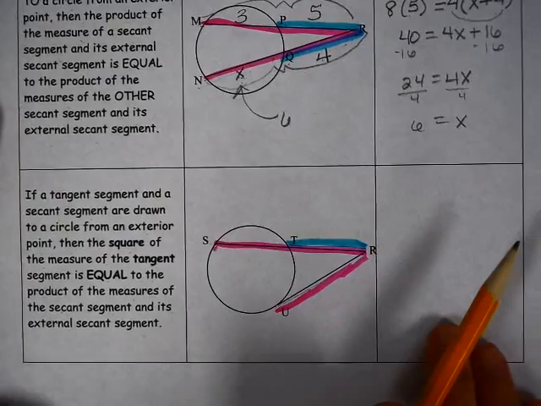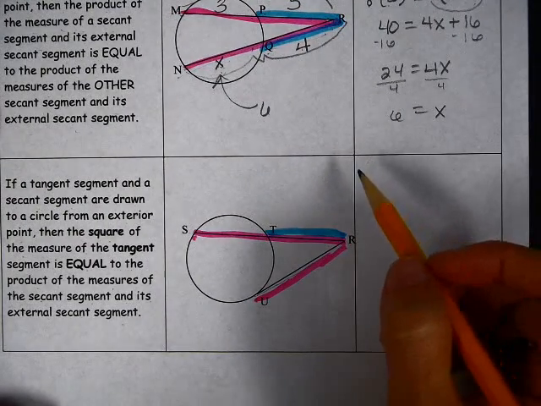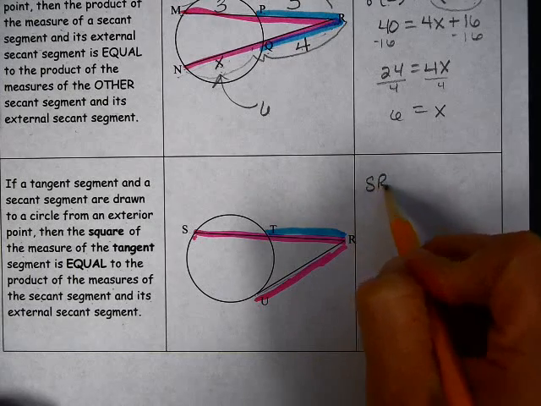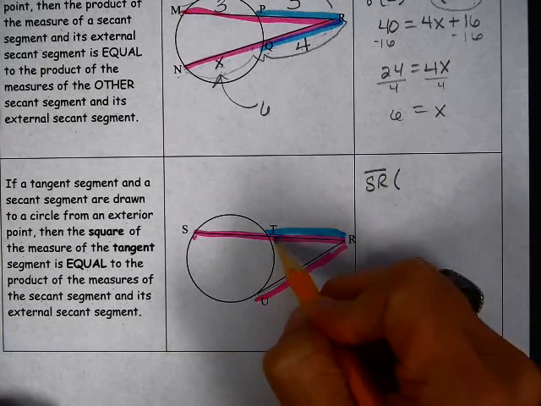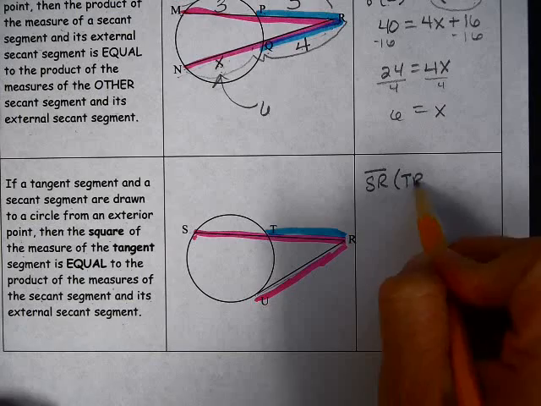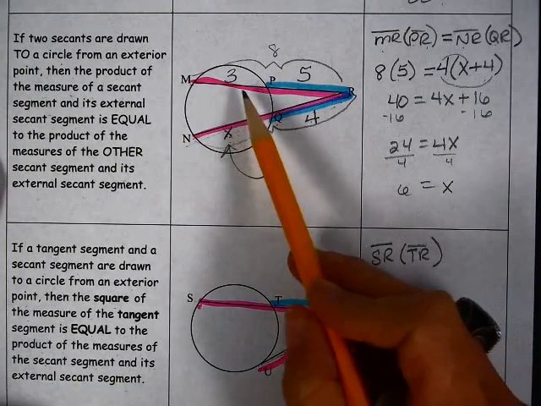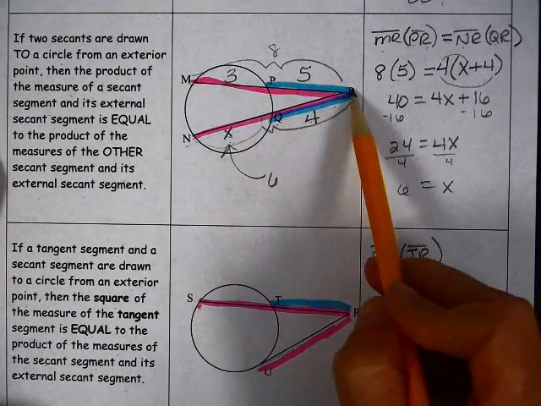All right, so we're going to write this out as segment SR times TR. So it's the very same as it was up here in this previous one. We took the entire secant times its external part.